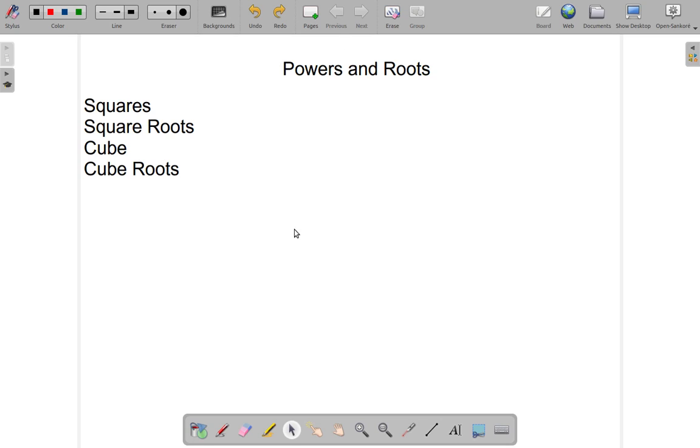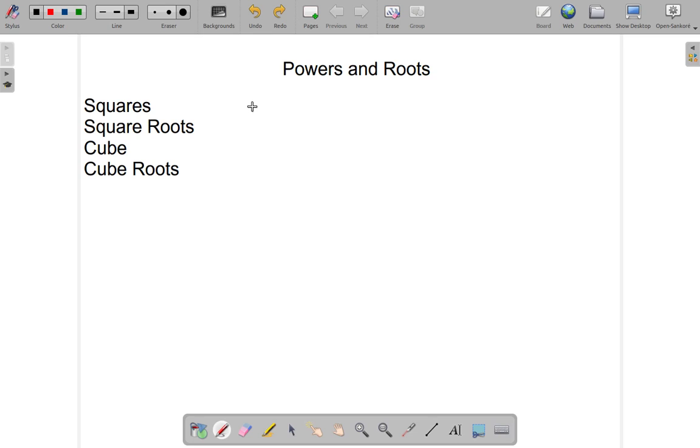Let's look at, first of all, the symbol used, but we're going to backtrack a bit and see the symbol used for multiplication, then see how it comes from multiplication to powers and then to roots.